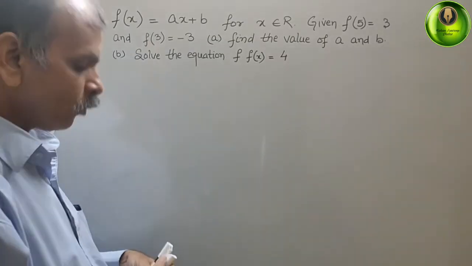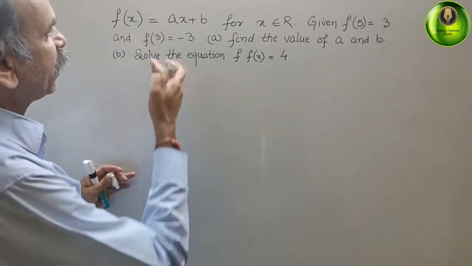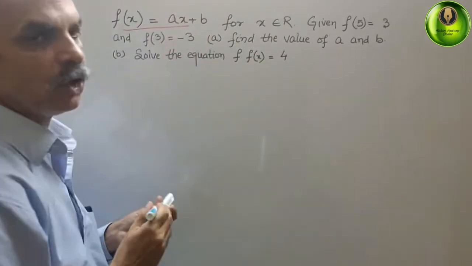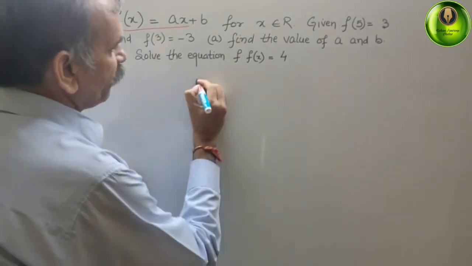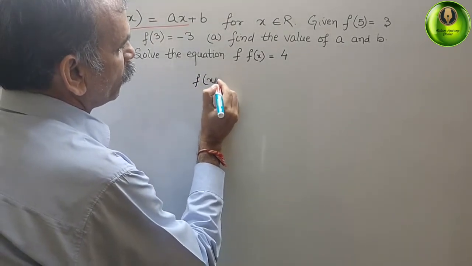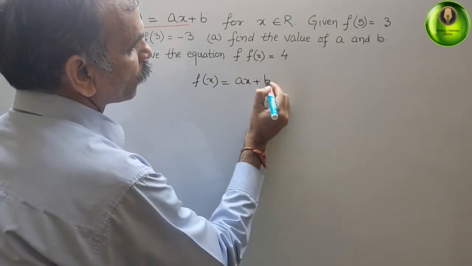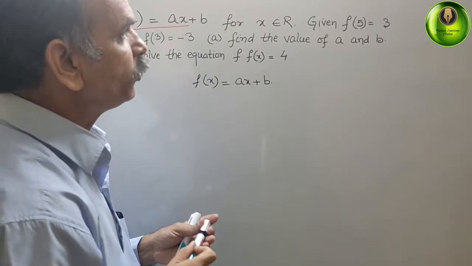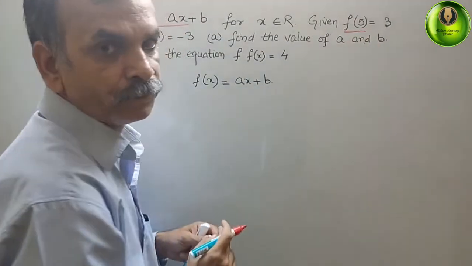Now, here what we have to do, just see that they have given the equation f(x) = ax + b. Now they have given you f(5).